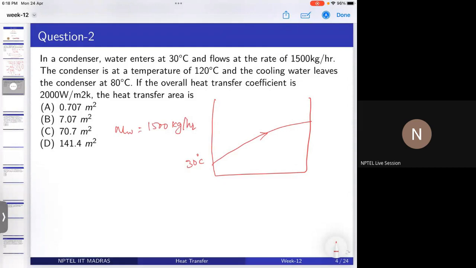The condenser is at a temperature and the cooling water leaves at 80 degrees. So the condenser surface is maintained at the same temperature, which is 120 degrees Celsius. The overall heat transfer coefficient is given as 2000 watt per meter square Kelvin, and we have to find out the heat transfer area of the condenser.